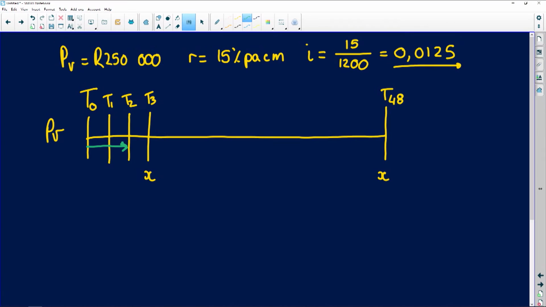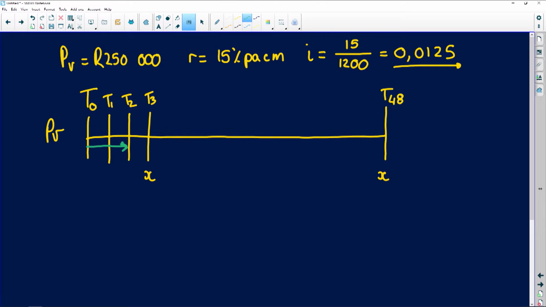Okay, let's see what the first question says. Calculate the amount that Tabiso owed the bank on the 1st of August, a month before the first payment was made. So what they're asking you is a future value. They're asking you what is the future value here at T2. Okay, so for 7.1, it is question 7.